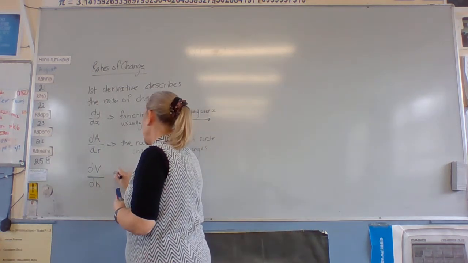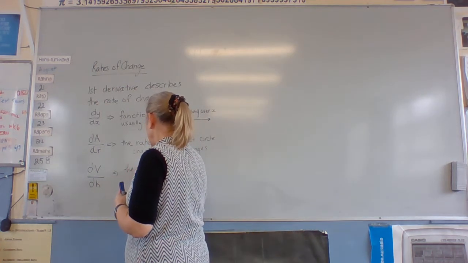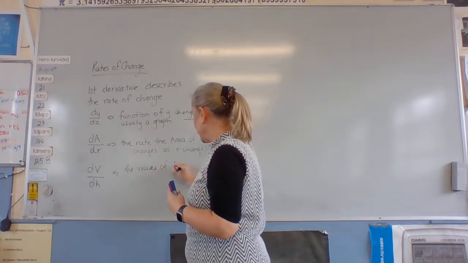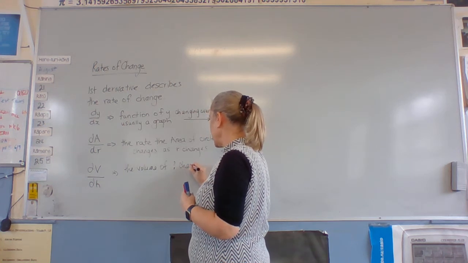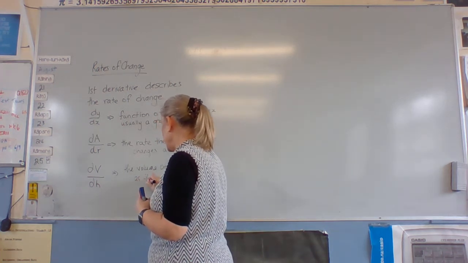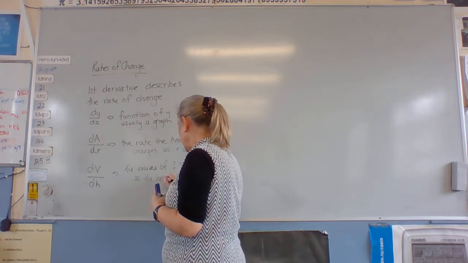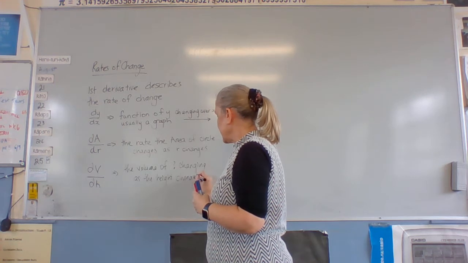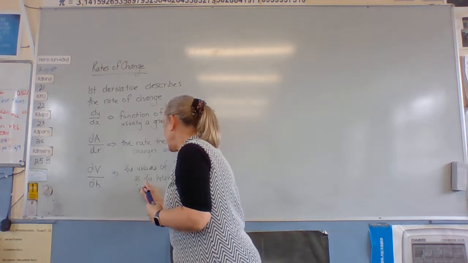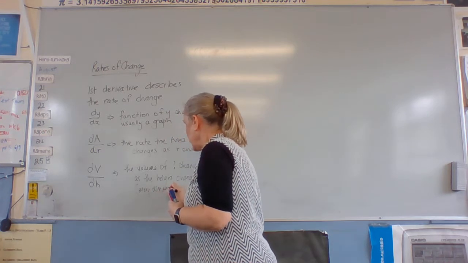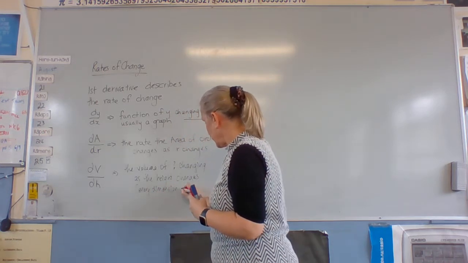So this one would be the volume of something changing as the height changes. But in these very simple ones, we'd have every dimension written in h.